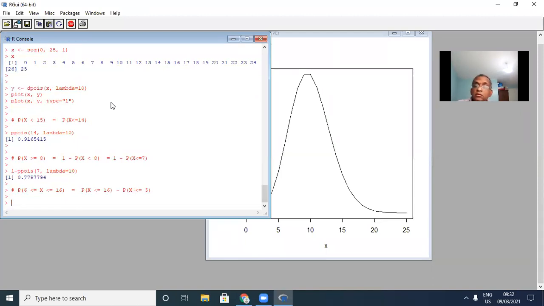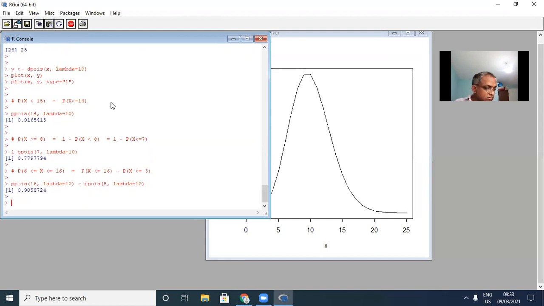Remember, the probability between 6 and 16 is the difference of the probabilities at 16 and 5, all right? So this is going to be ppois at 16, lambda equal to 10, minus ppois at 5, lambda equal to 10.